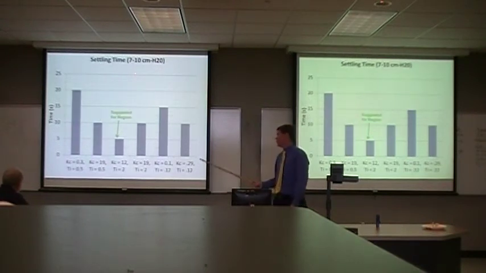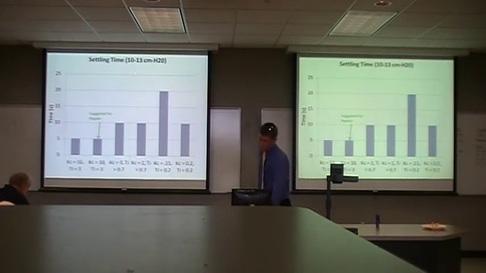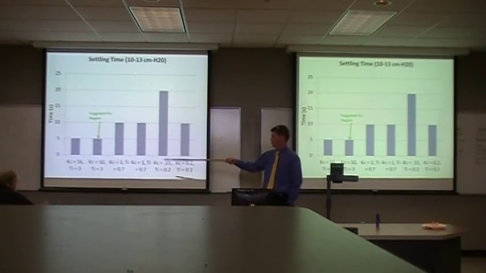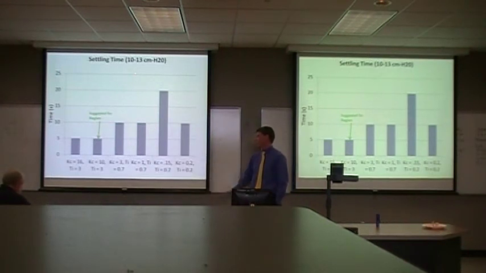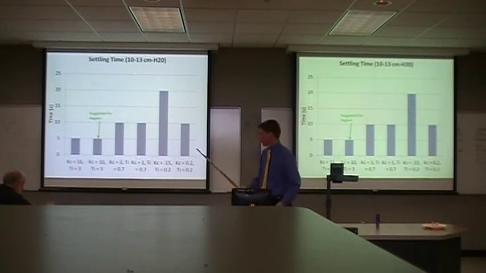For 7 through 10, the suggested was Kc equals 12 and tau I equals 2, because it had low settling time and it was monotonic. For 10 through 13, it was Kc equals 10, tau I equals 3. The reason we didn't pick Kc equals 16 and tau I equals 3 is because Kc equals 16 was oscillatory and the other was not.